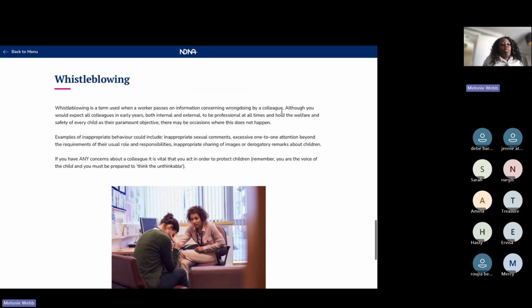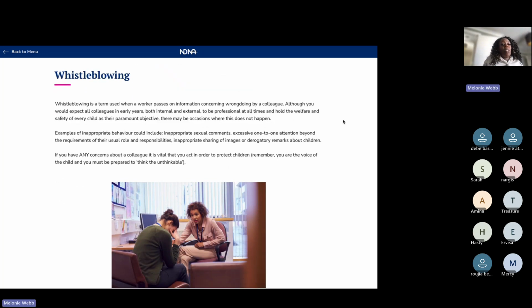So whistleblowing is a term used when a worker passes on information concerning wrongdoing by a colleague. Although you would expect all colleagues in the early years, both internal and external, to be professional at all times and hold the welfare and safety of every child as their paramount objective, there may be occasions where this does not happen.